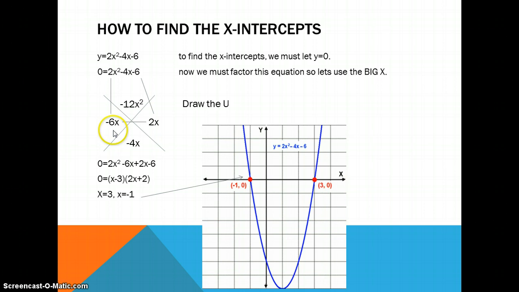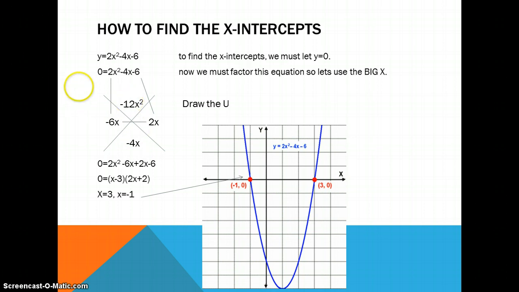How we do this big X is we're trying to figure out two numbers that multiply to become this, but add to become this. So with a little bit of thinking, we figure out that negative 6x and 2x multiply to become negative 12x squared, and they add to become negative 4x.